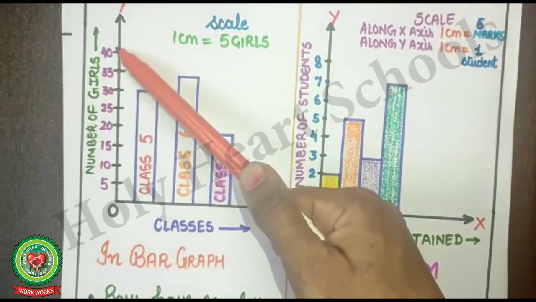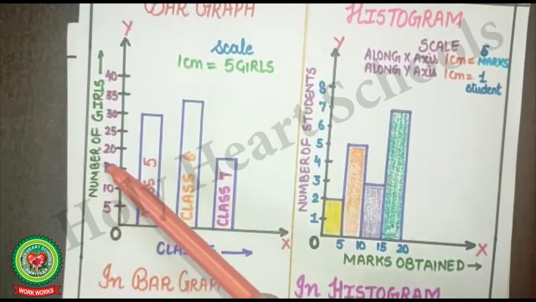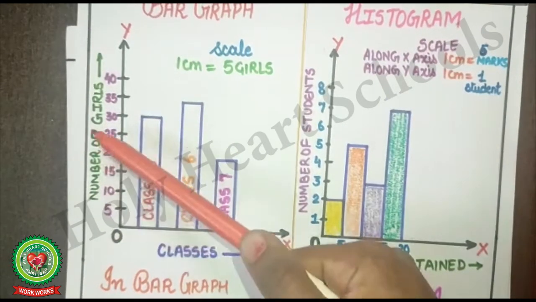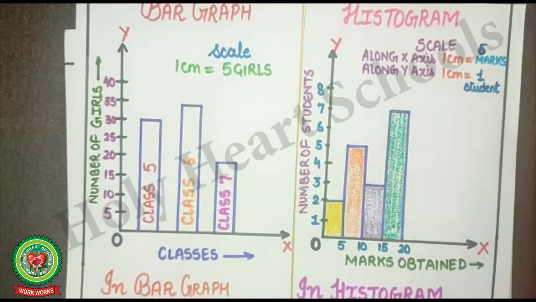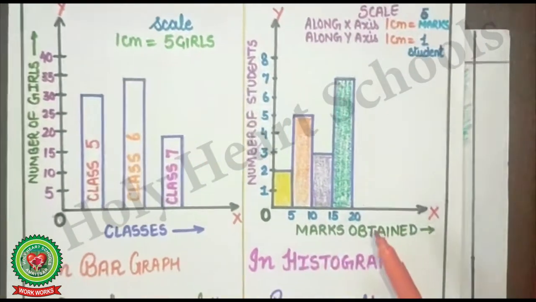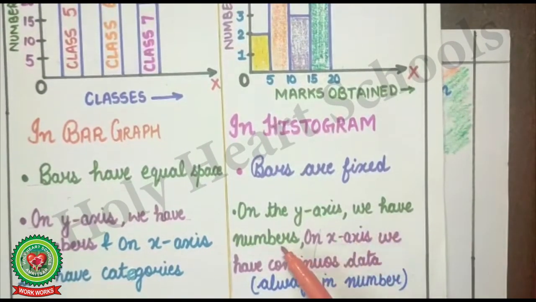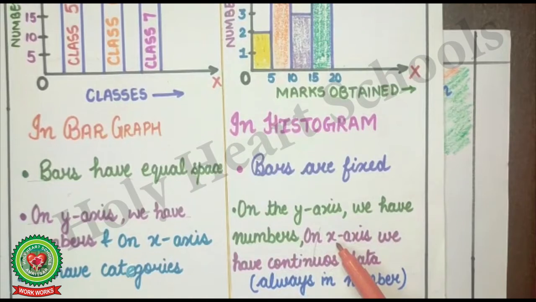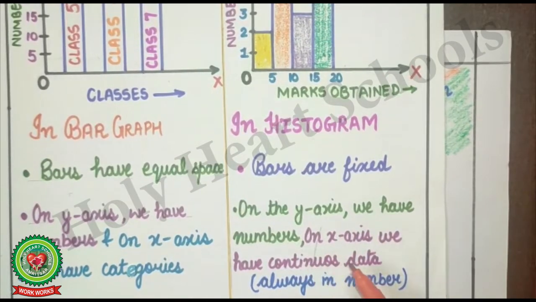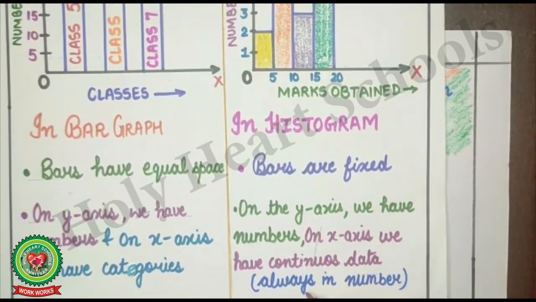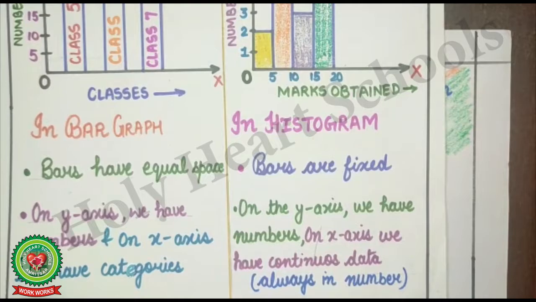And on the y-axis, there are numbers, like here the number of girls is given. But in histogram, on the y-axis we have numbers, and on the x-axis we have continuous data that is always in numbers.